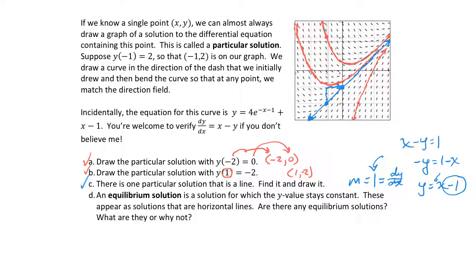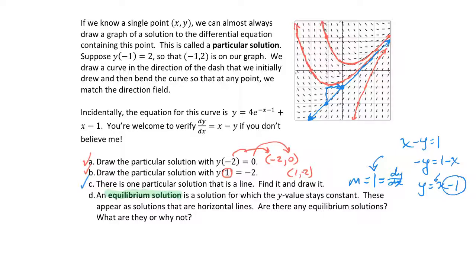Okay, so let's look at the final example here. An equilibrium solution is, remember, a solution where the y value stays constant. So that would mean when I plop my cork down, it's going to move left and right.